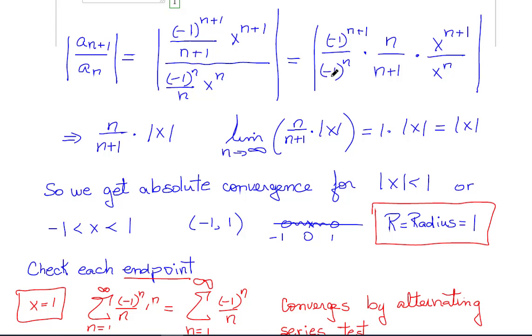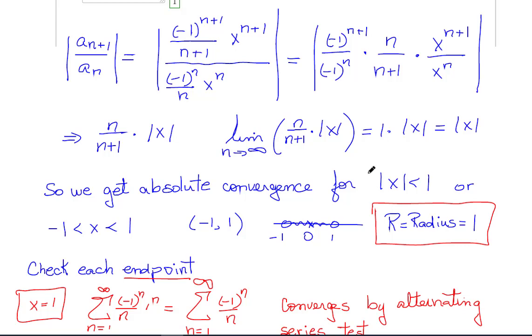The minus 1 terms really go away because of the absolute value. So I'm left with n over n plus 1, and x to the n plus 1 over x to the n is simply x. I don't need absolute values on the n's because n is going to positive infinity. Well, what happens? Well, as n goes to infinity, this ratio goes to 1, and so I get 1 times the absolute value of x.